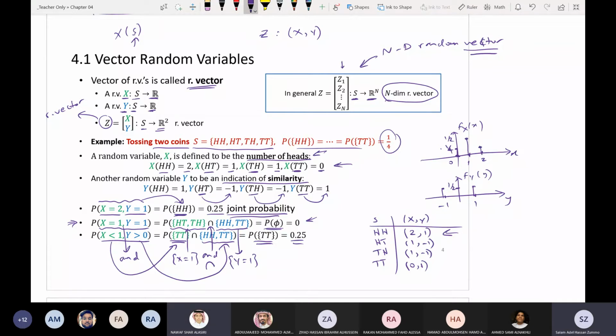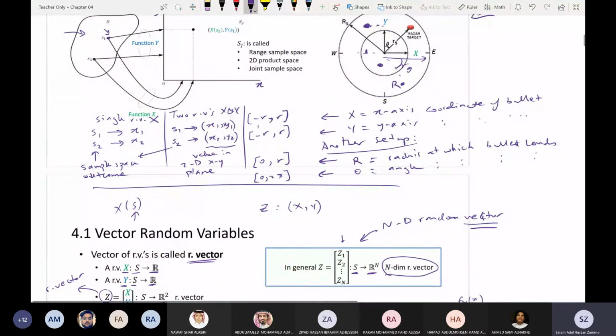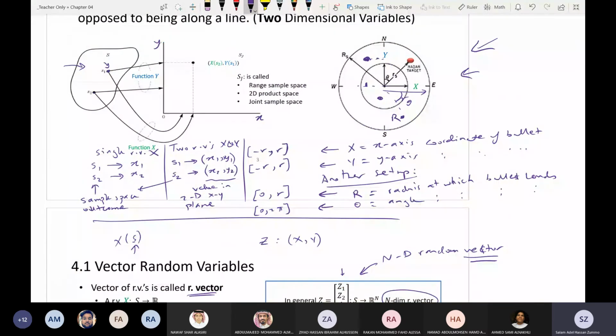Doctor, in this example we refer to the experiment; we don't deal with the random variable directly. Yes, because here the underlying experiment is clear to us, which is tossing the coin twice. The definition of the random variable stems from the experiment. Whereas when you throw the arrow, throwing the arrow is the experiment, so X and Y are directly related to it.